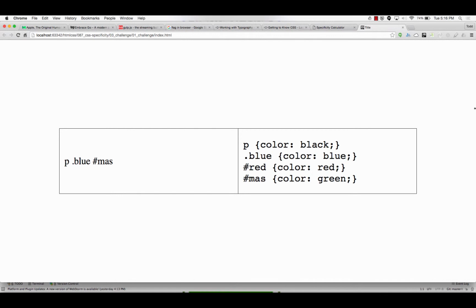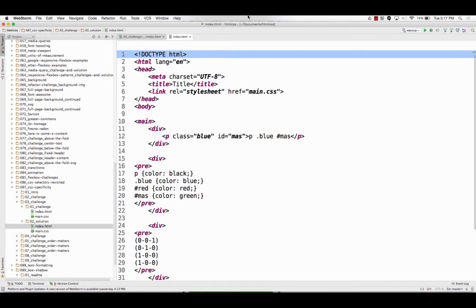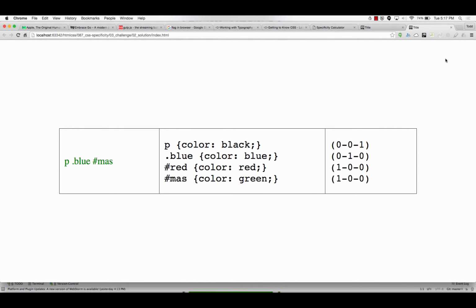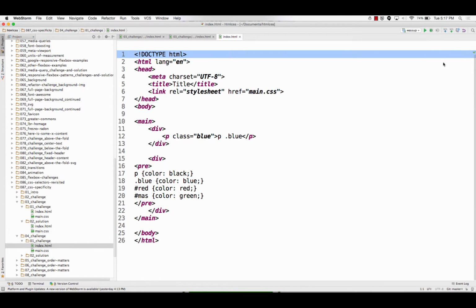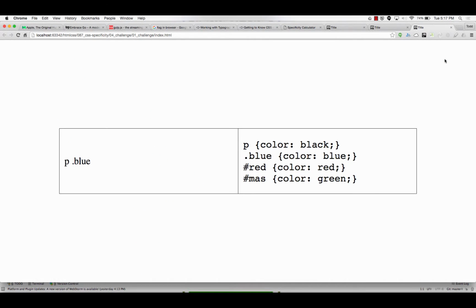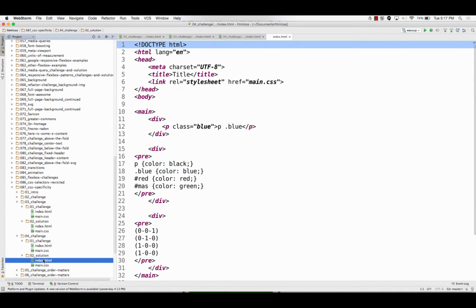How many people think green? Green. What color is that going to be? That one's not hard.